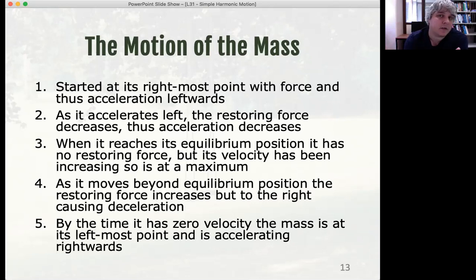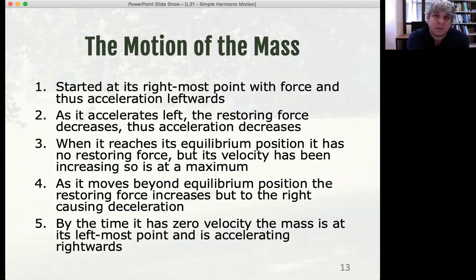As it goes beyond, we've now got a restoring force and thus an acceleration to the right, but the velocity is still to the left, but it's slowing down now. So the velocity is still leftwards, but it decreases until the point where it reaches its leftmost position. When it reaches its leftmost position, we now have the biggest acceleration because of the biggest restoring force to the right, but we've got zero velocity at that leftmost position.